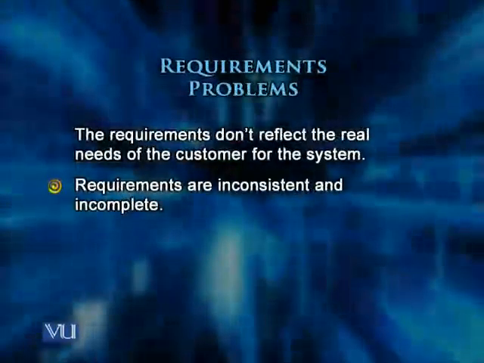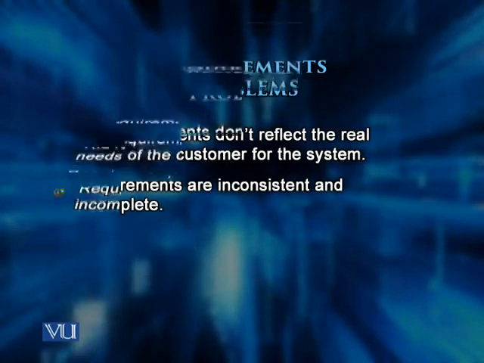Sometimes we find that requirements are inconsistent and or incomplete. There are two things here. One is inconsistency and the other is incompleteness. For large complex systems, we must strive to have as complete a requirement set as possible.